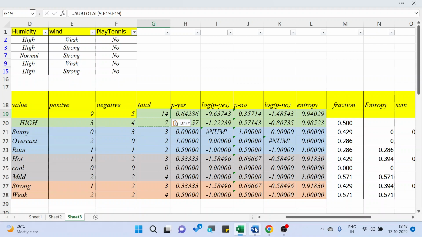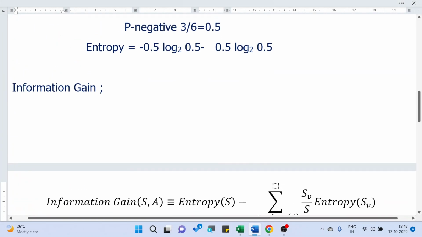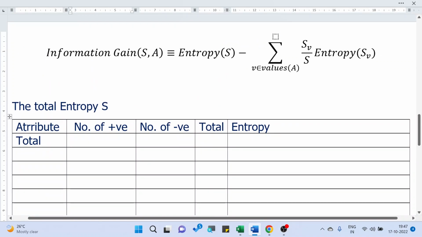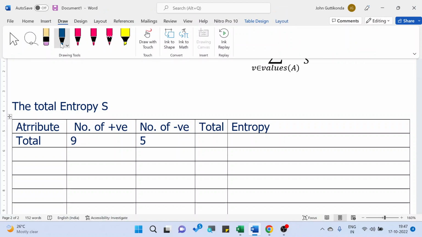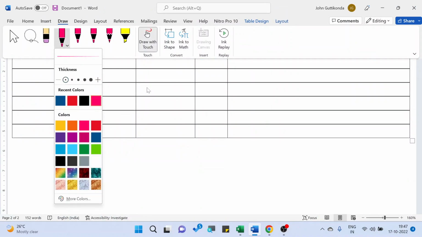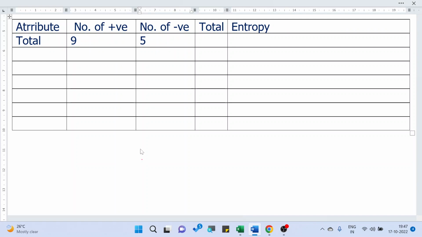So what is the entropy? How do we calculate the entropy? There are 9 positives and 5 negatives. We calculate using the formula: entropy of S, 9 positive and 5 negative.